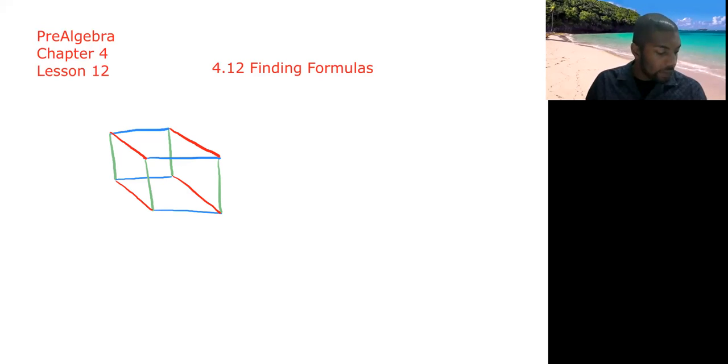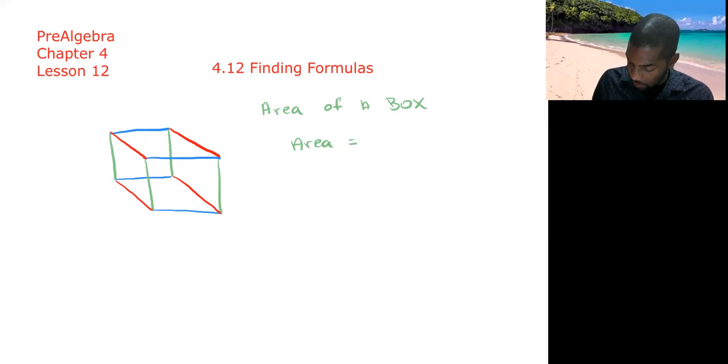And the area of a box is all the space inside the box, right? Area of a box is the length multiplied by the width multiplied by the height.